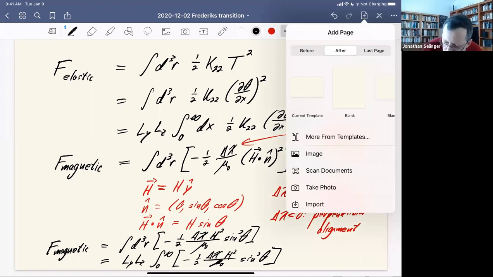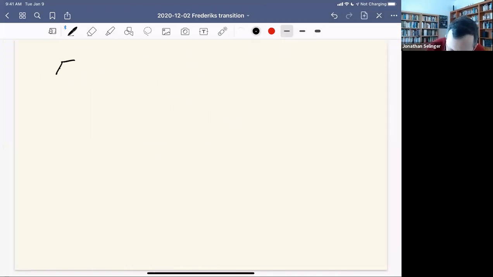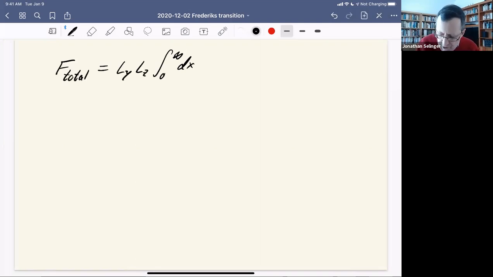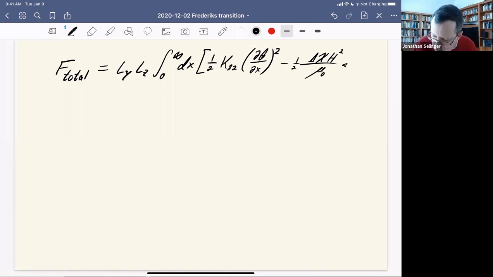The total free energy, combining those two things, is the area factors, then an integral for x from 0 to infinity, and there is the elastic term, a half k22 (d theta dx) squared, and then the magnetic term, minus a half delta chi times h squared over mu naught, sine squared of theta of x.